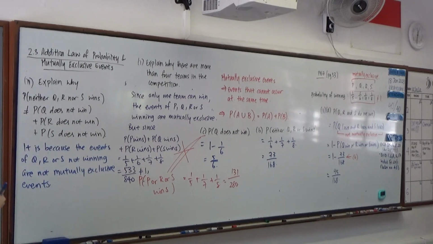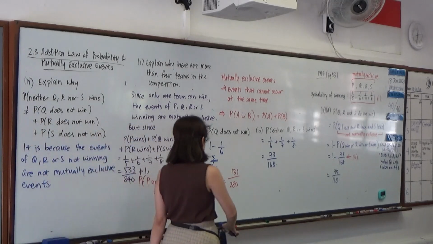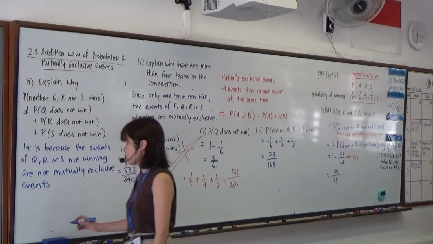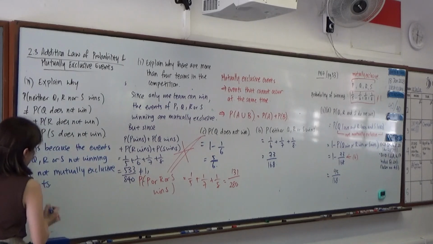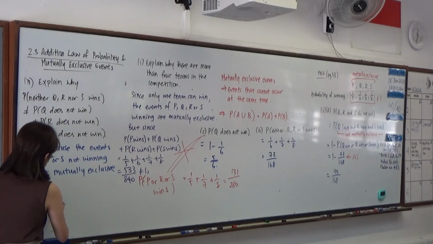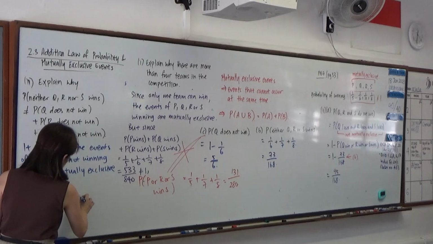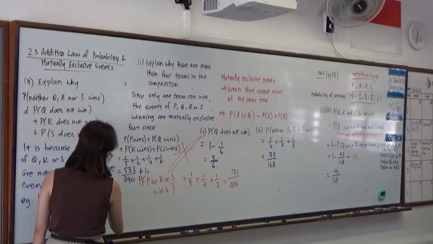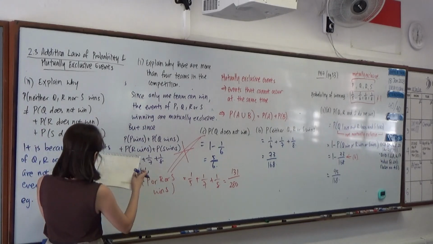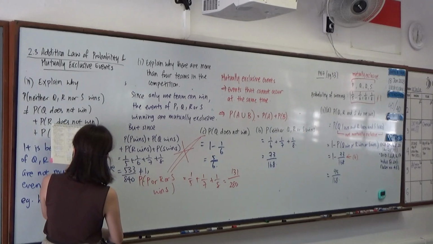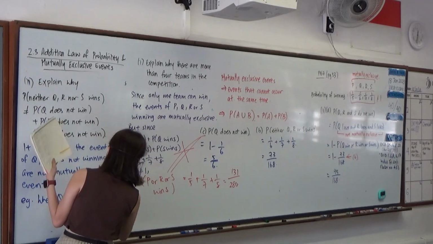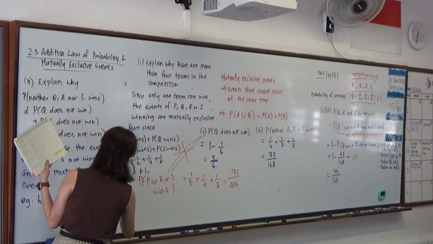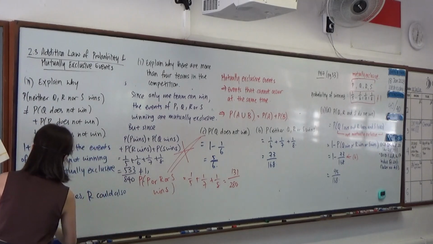If you want to, you can end the answer over here already, explaining why. But in case 10 weeks down the road you don't remember what mutually exclusive events mean, maybe you want to write an example: when R loses or when Q loses, R could also be winning, or when the event of Q not winning occurs, R not winning, R could also be losing.